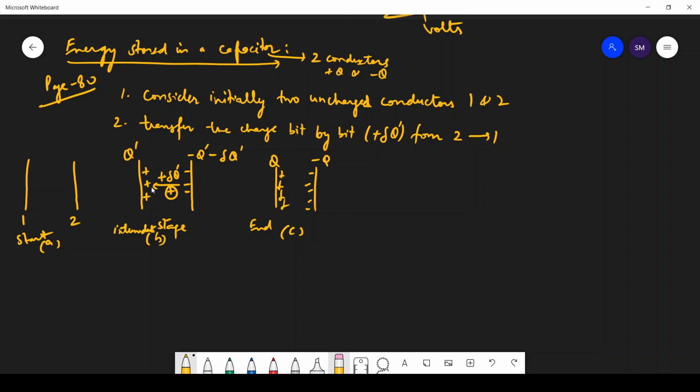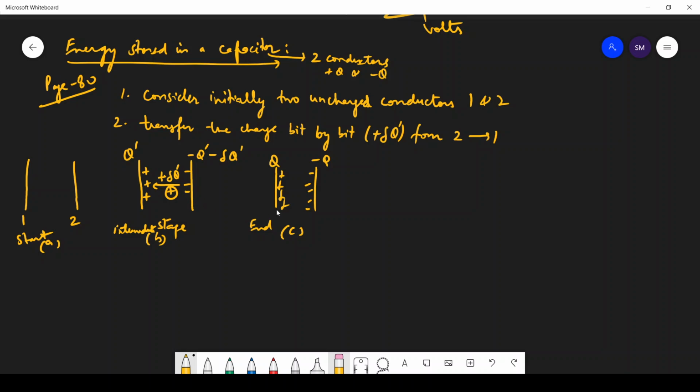This positive will repel this positive, and we are doing work against the electric force, so the work done by the external agency will be stored as potential energy. Definitely this plate is at higher potential and this plate is at lower potential.